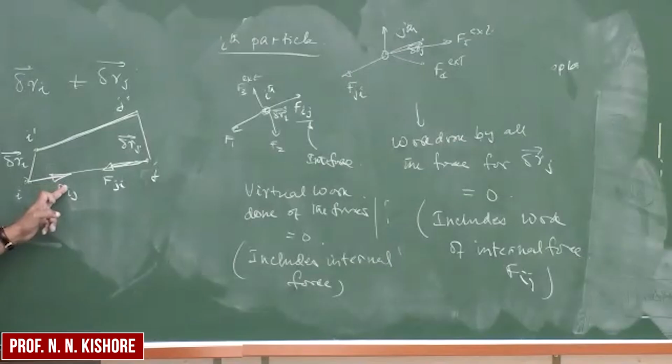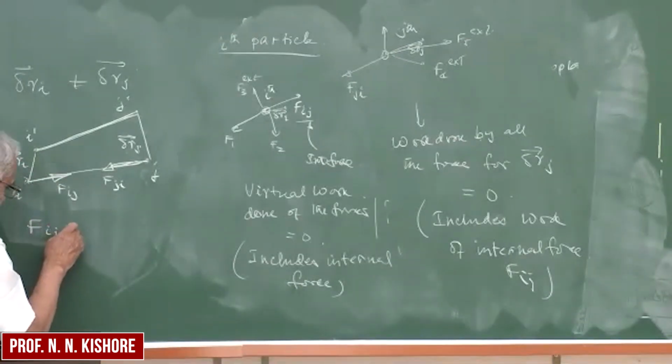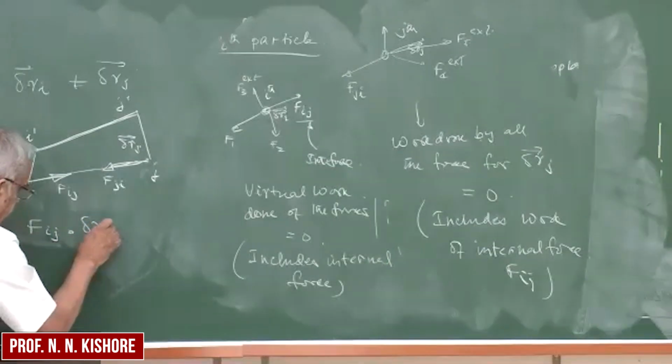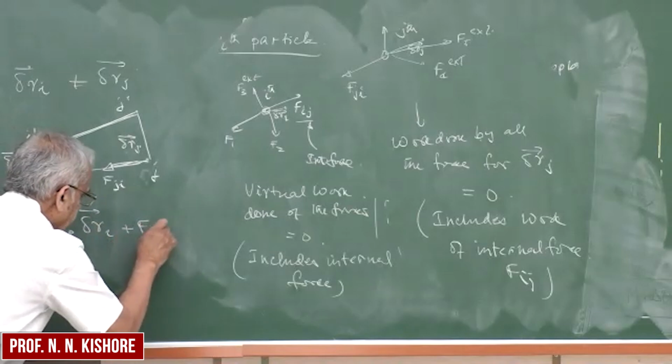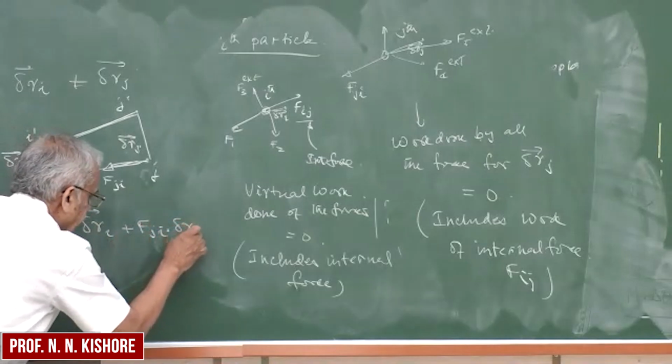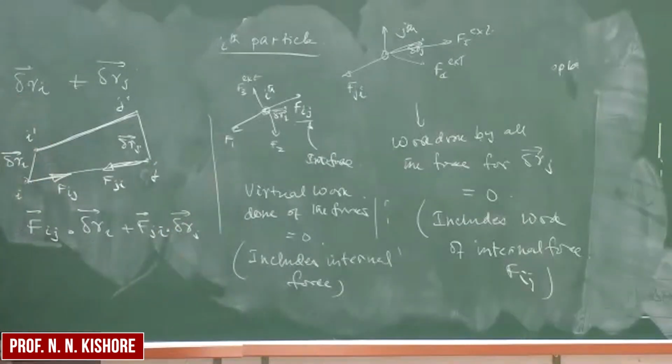So Fij dot delta Ri plus Fji dot delta Rj, they're not equal and opposite.